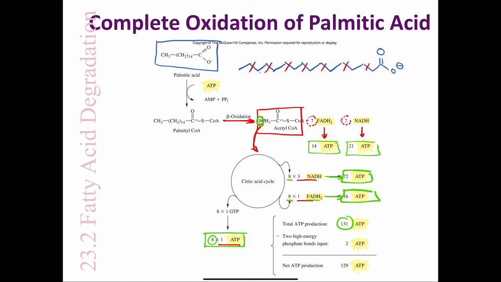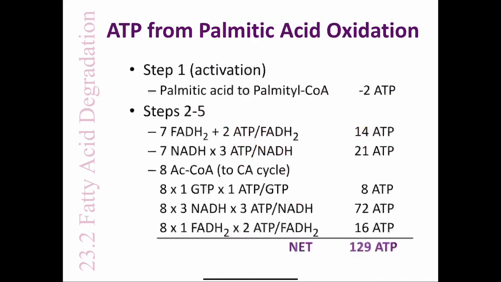The cost was 2 high-energy phosphate bonds, which cost us a total of 2 ATPs. So we take 131, subtract 2, and we get a net ATP production of 129 ATPs. The summary is also shown here.